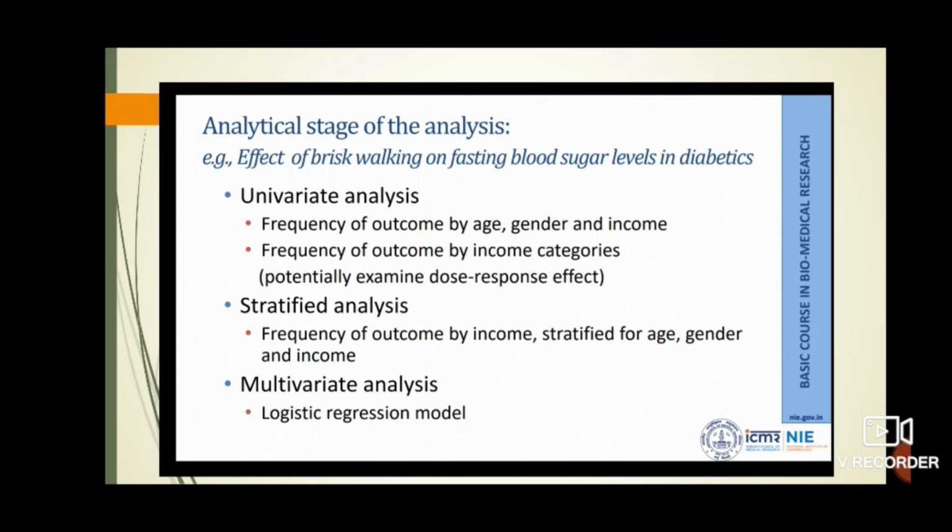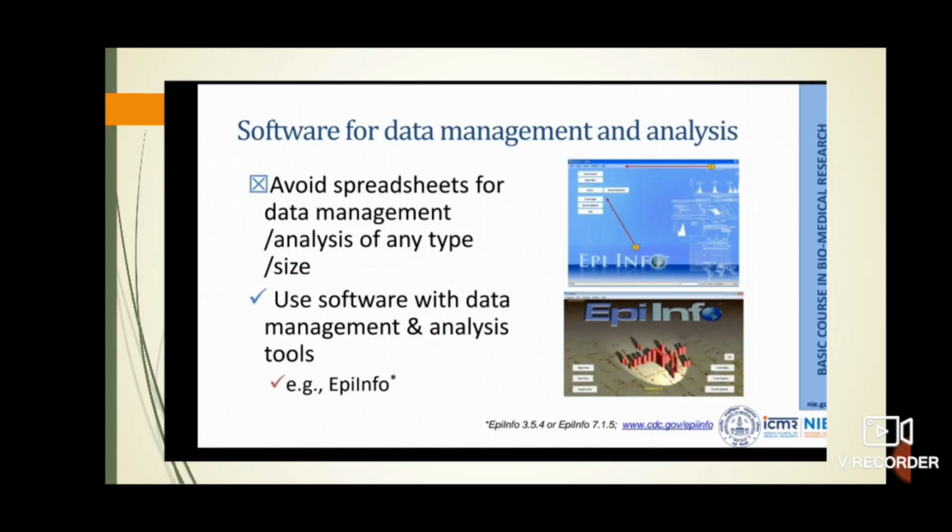Multivariate analysis includes logistic regression models. There are some softwares for data management like Epi Info, and these softwares we can use, and there is an advantage that we can avoid spreadsheets for data management or analysis of any type or size. So this is a helpful software.